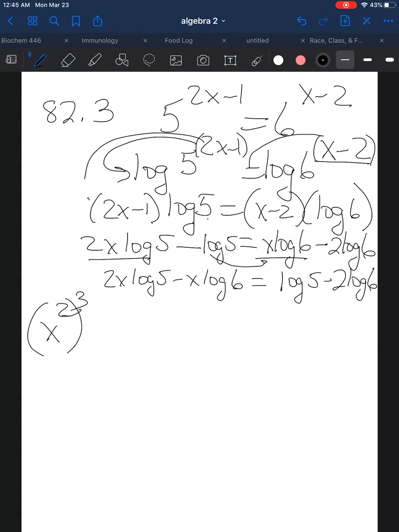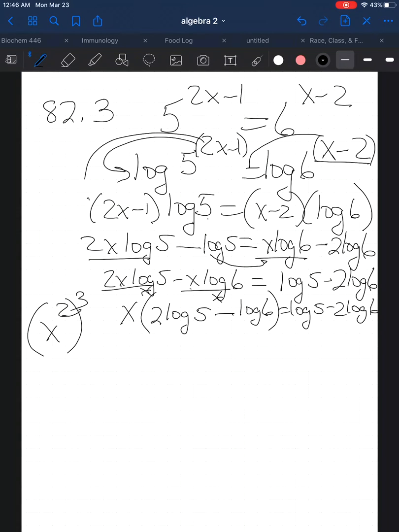We're trying to solve for x, correct? So we need to factor the x out of here. If we factor out an x, which means we divide by x, then we get 2 log of 5 minus the x cancels, we get log of 6. And this stays the same. Log 5 minus 2 log 6.